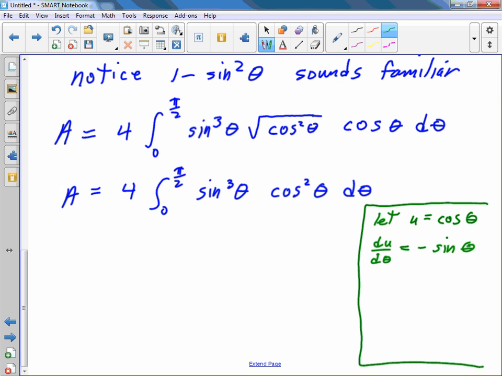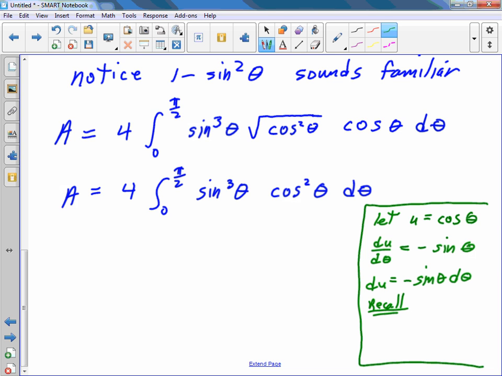Or did I say sine x? That's too many. That's fine. That should be okay. And then du equals the opposite of sine theta d theta. And then remember that, and I got another one here.